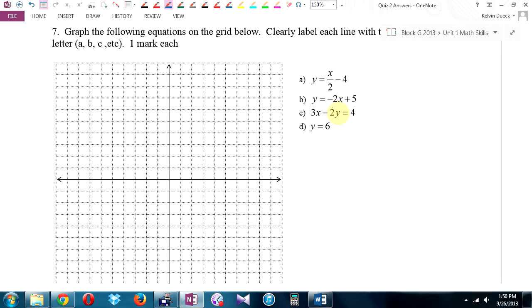Graphing. And there's a couple you looked like you had some trouble here, so I'm going to slow down a little bit. It says graph the following equations on the grid below and label each line. So the first equation, and I'm going to use blue, and I'll call that line A. Is the y by itself? Yes. Great, then it's in slope-intercept form, which tells me that's the y-intercept.